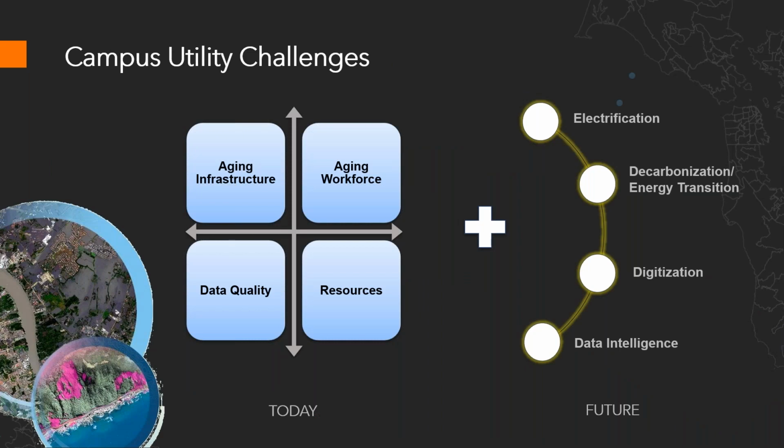As well, in the last presentation, I talked about and mentioned briefly some of the campus utility challenges. And not to spin this as a broken record again, but we hear these same challenges come up almost every time we engage with and talk with a customer. The one that I hear over and over again is the fact that there's a lot of information and intelligence sitting in employees' heads.